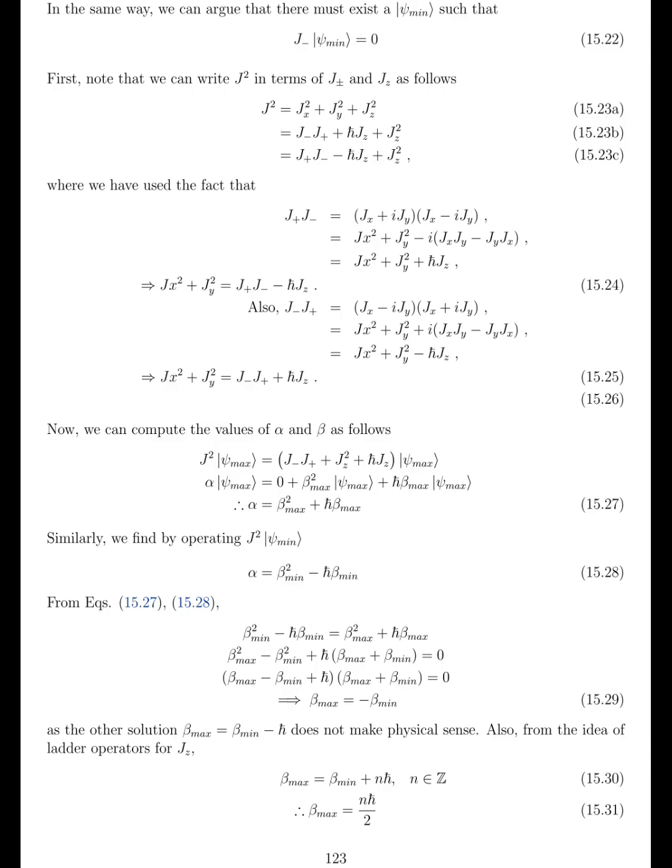You cannot get values which you could have obtained in the classical world, you cannot get h bar by 65 or 3.142 times h bar. You can either get h bar, 2h bar, 3h bar, etc., or you can get half h bar, 3 halves h bar, 5 halves h bar, etc.